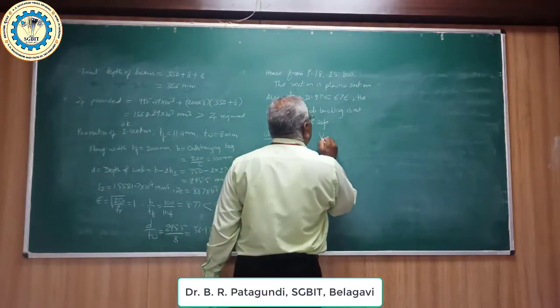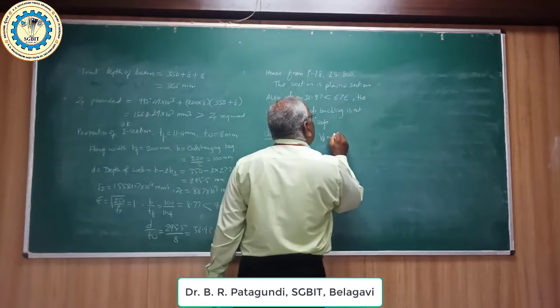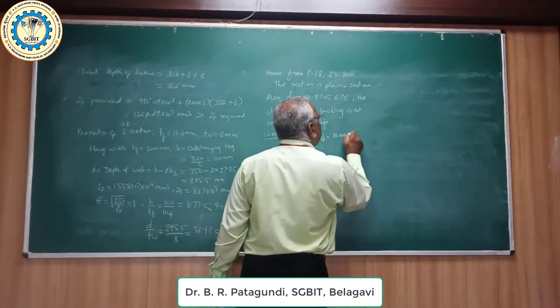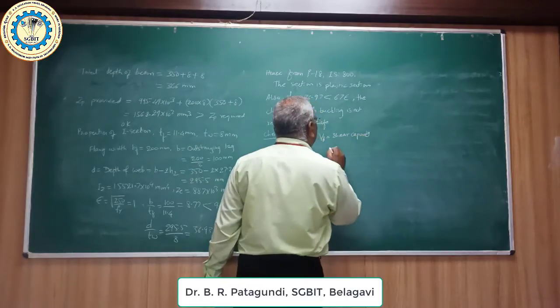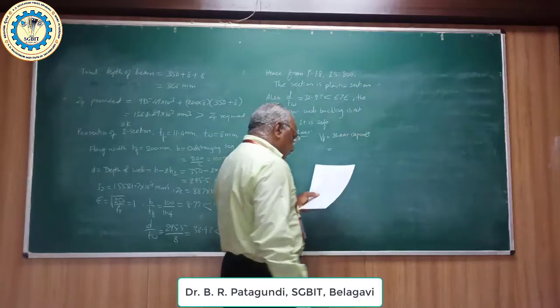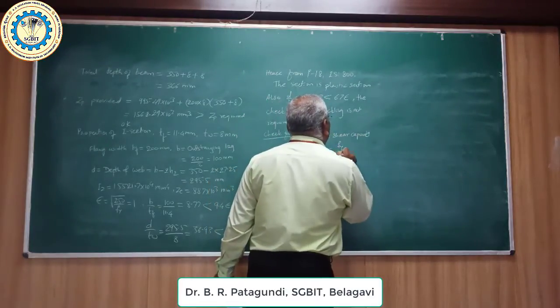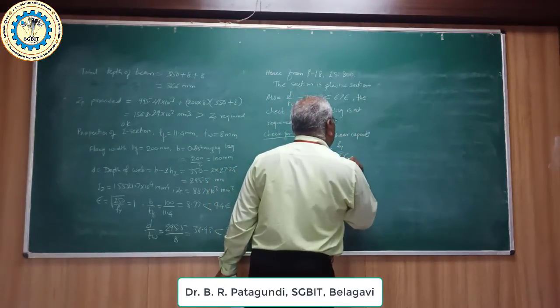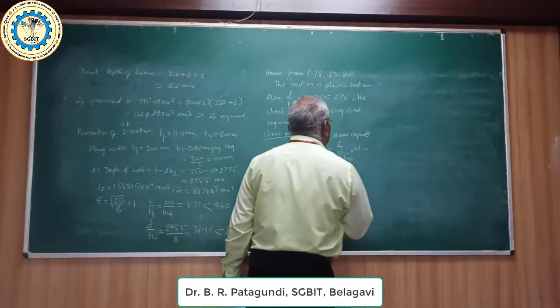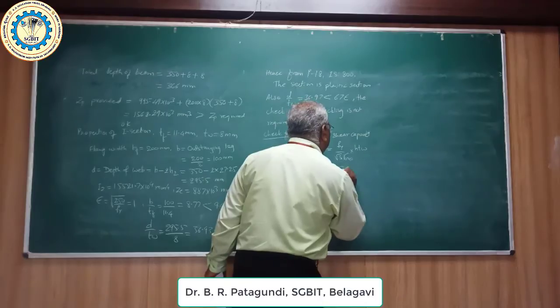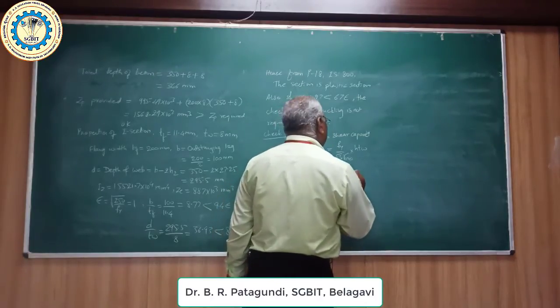The design shear force or shear capacity of the beam is given by Fy divided by root 3 into gamma MO into area of the web, H into TW. So Fy is 250 divided by root 3 into gamma MO is 1.1.